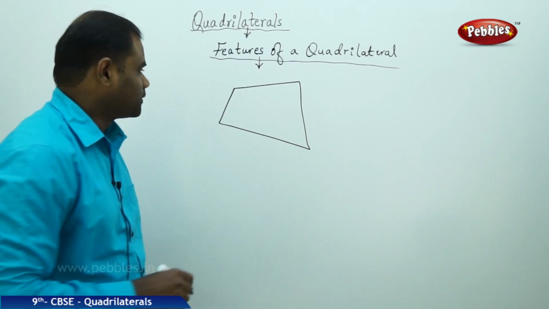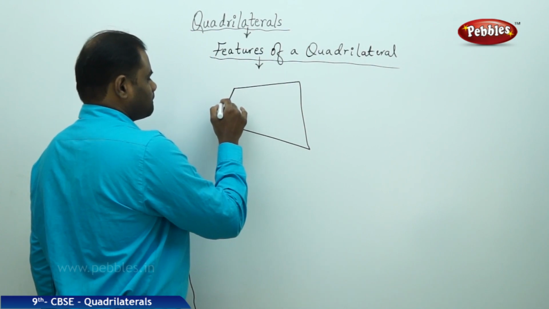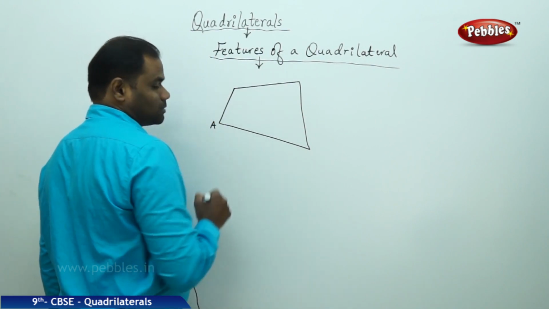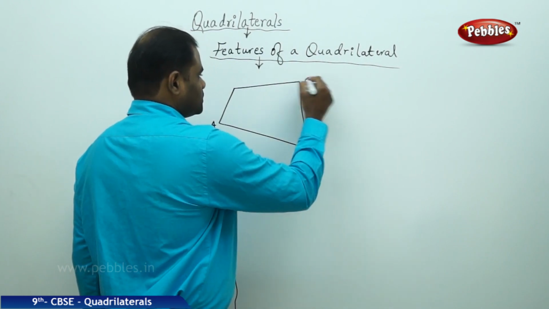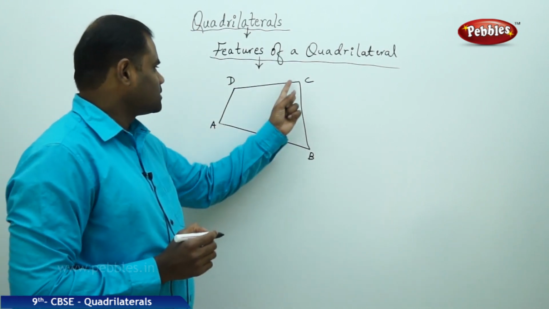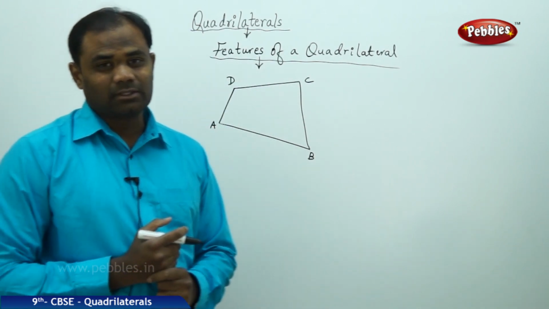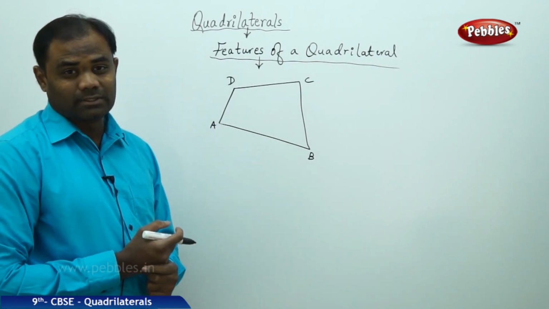Now in this quadrilateral, let me denote it with A, B, C and D. So here the points A, B, C and D where the quadrilateral turns or where two straight lines meet are called vertices.